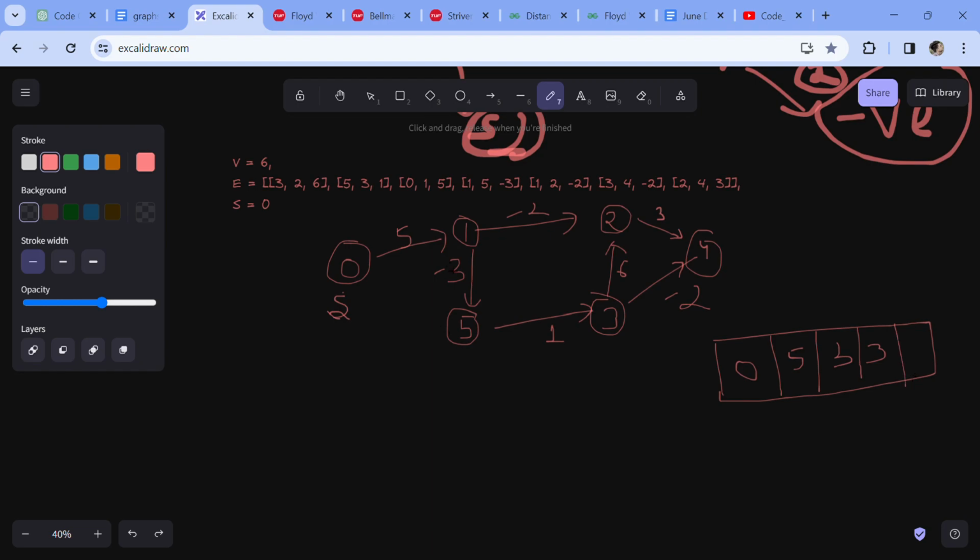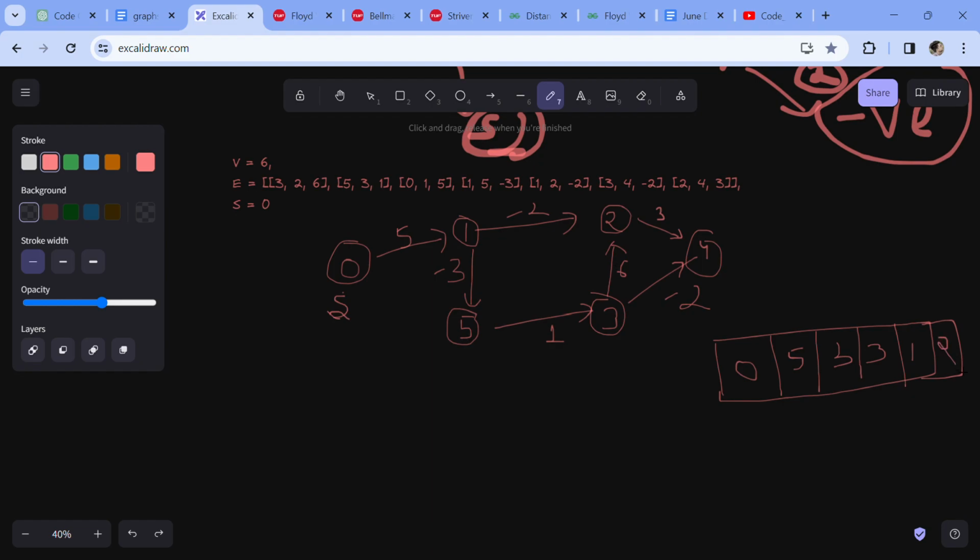For node 4, that is 3 minus 2, that is 1, and for node 5 there will be 2.